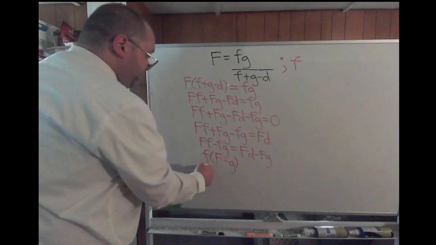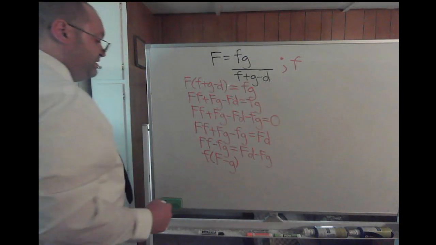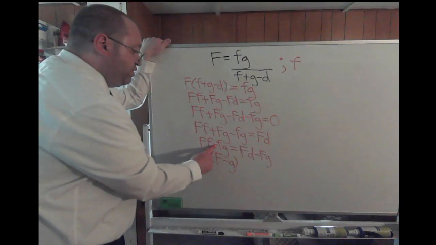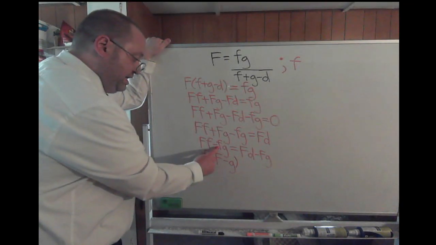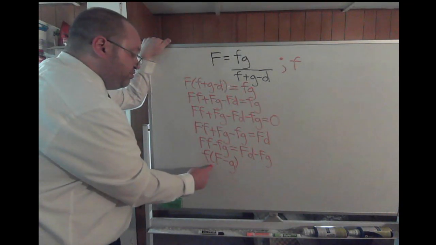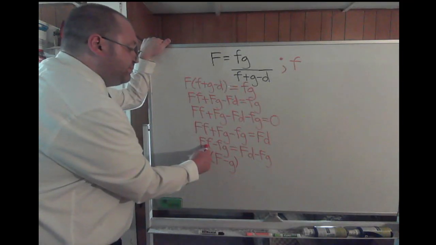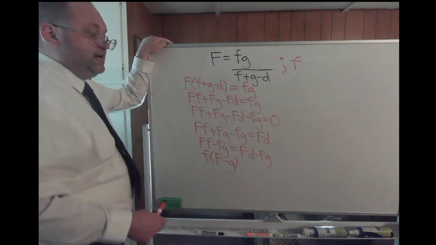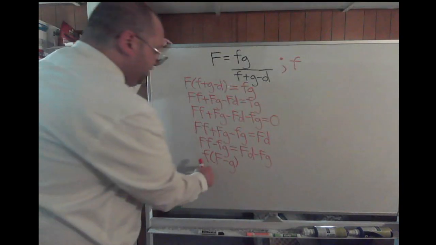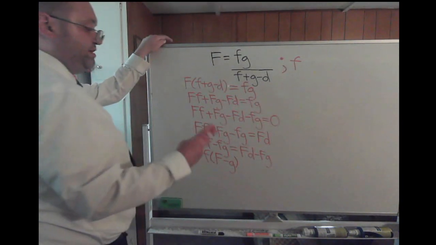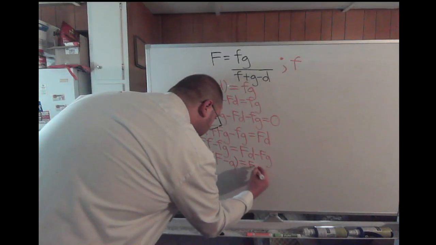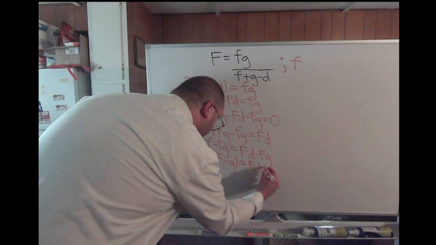Because if you do that, you'll get minus fg. So basically, a short lesson on factoring: look for what both terms have in common. Factor it outside of the parentheses, and then whatever remains after you factor it out is what you multiply it by. So you'll get lowercase f times the quantity of uppercase F minus g equal to Fd minus Fg.